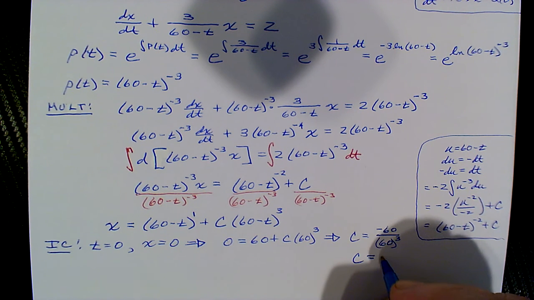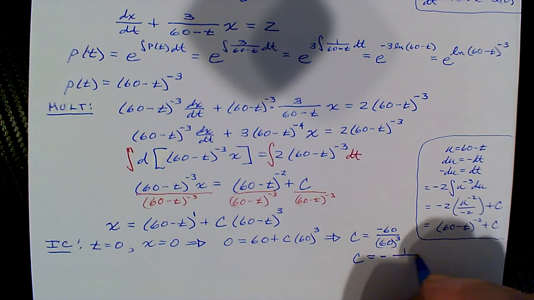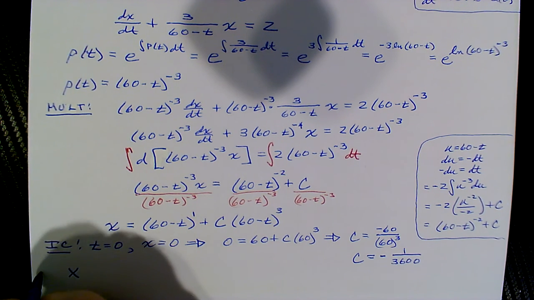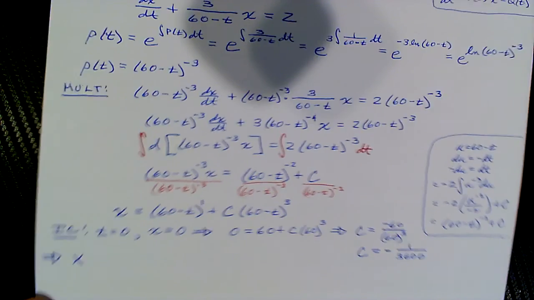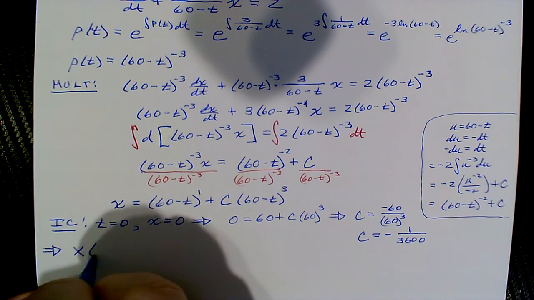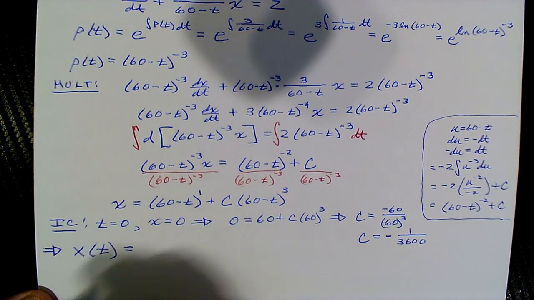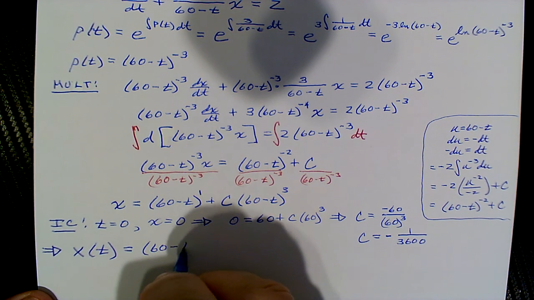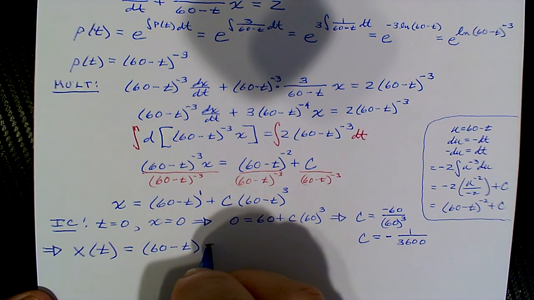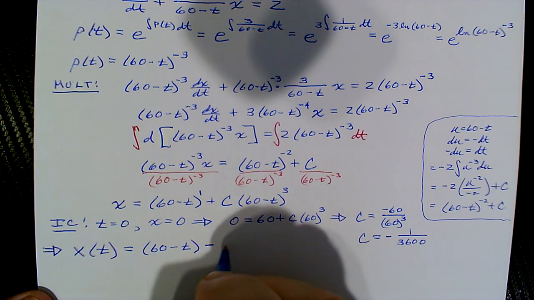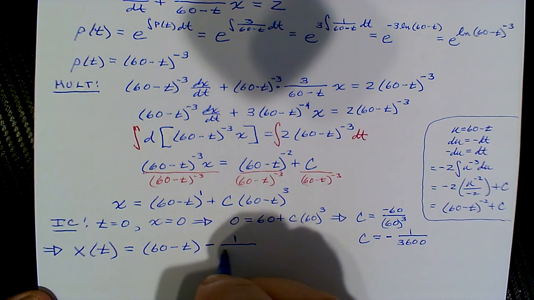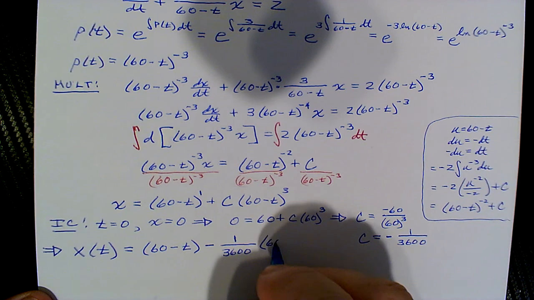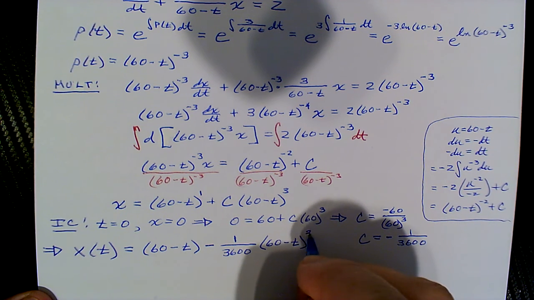So c is negative 1 over 3600. So then we get that x of t, the function of t at any time, is equal to, I'm going to write it 60 minus t. I won't include the plus or the 1 exponent, but then minus 1 over 3600 times the (60 minus t) quantity cubed.